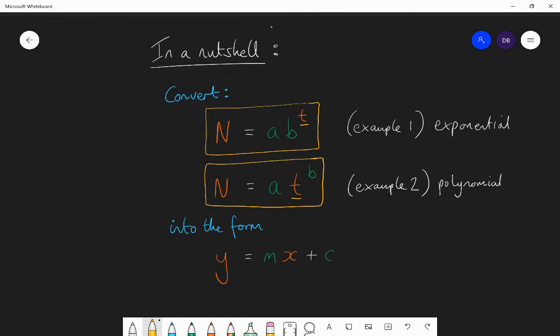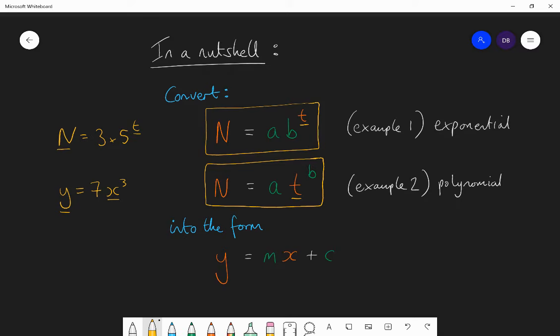So for example, you might have y equals 7x cubed. That would be a polynomial where the unknowns are the y and the x, and the y depends on the x. And in the one above, you might have n equals 3 times 5 to the power of t. So the unknowns are the n and the t. So the unknown on the right hand side is in the exponent, so it's an exponential.